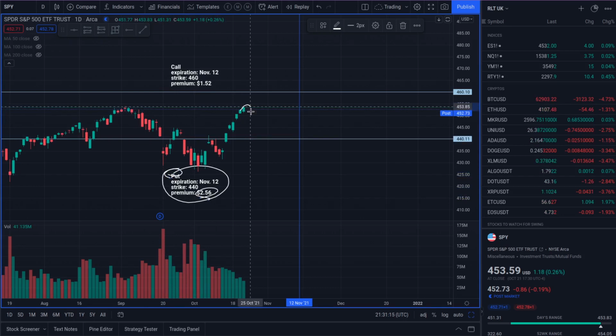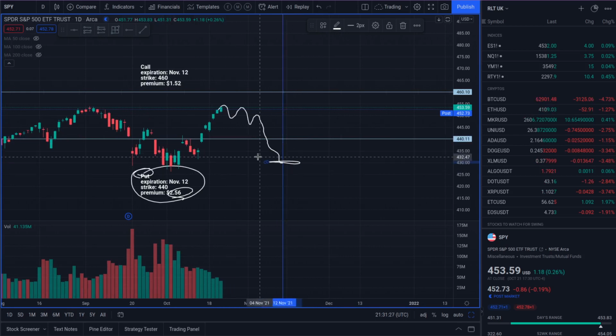And if you're holding this put option and at expiration it tanks like this, let's say it tanks to 430. You could just buy 100 shares from the market for 430. But remember, the put option allows you to sell at a higher price of 440, so you can directly sell it to put sellers.